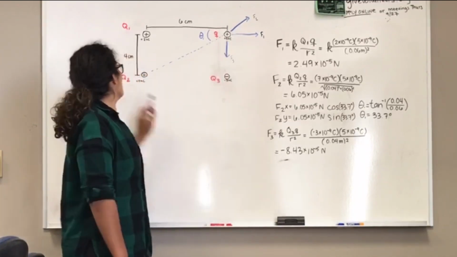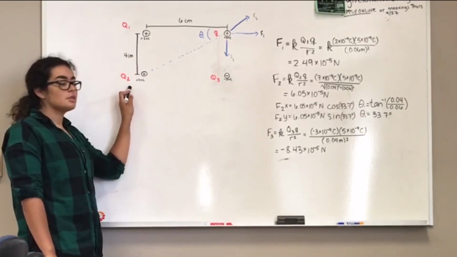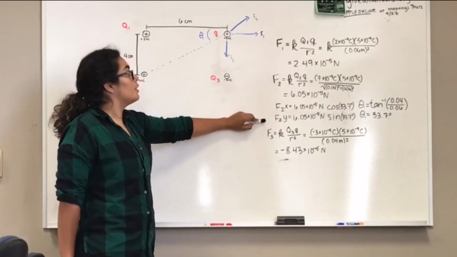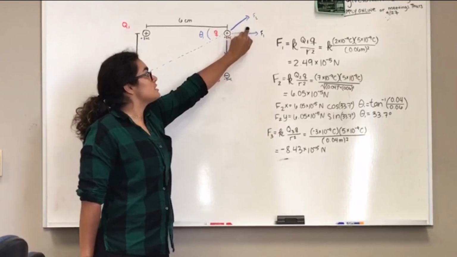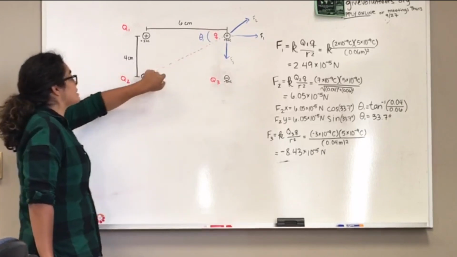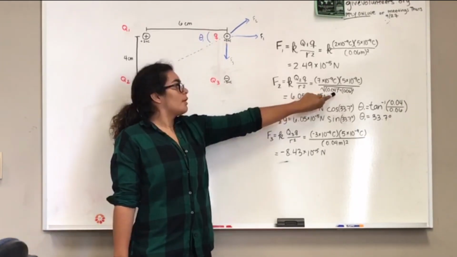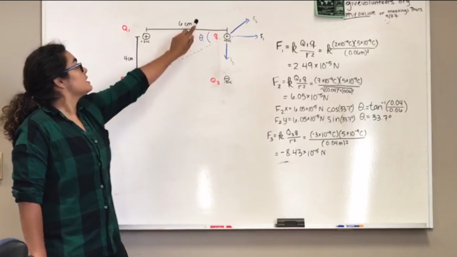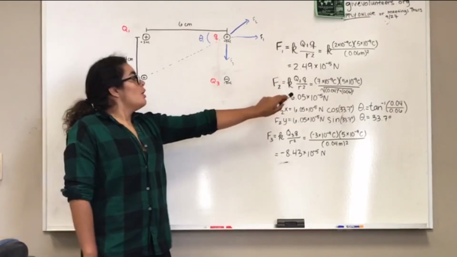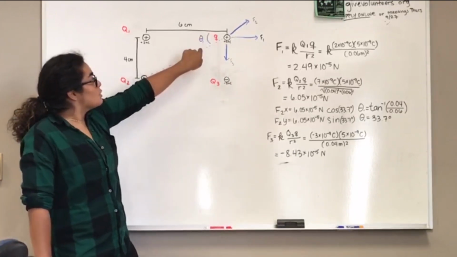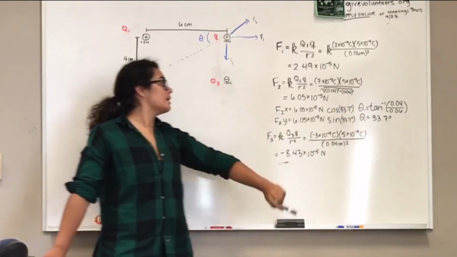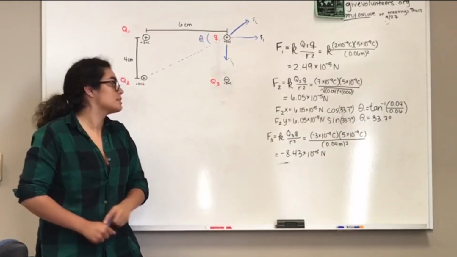magnitude of the force. For our 7 nanocoulomb Q2 charge, we have to divide our vector into x and y components since this vector does indeed have x and y components. Using the hypotenuse of this line, which is the square root of 4 centimeters and 6 centimeters, both of those quantities squared and added together, we can use the angle between them with inverse tangent to get our theta to find our x and y components.